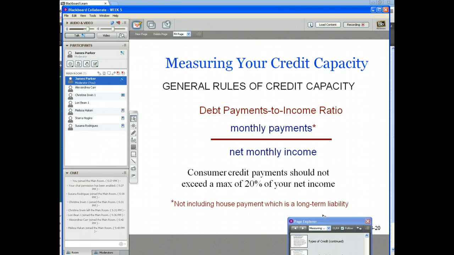So if your car payment and your credit cards are more than 20% of your income, then that should set off some flags. It should also set off some flags when you're trying to get the loan. They may still give you the loan, but they'll probably punish you a little bit by not giving you the same terms. You probably won't get as low an interest rate, so keep that in mind.